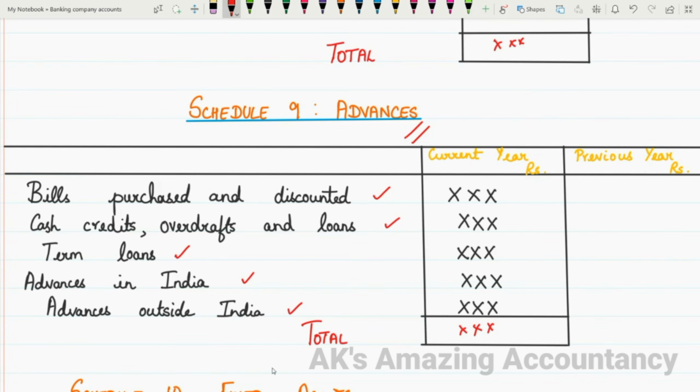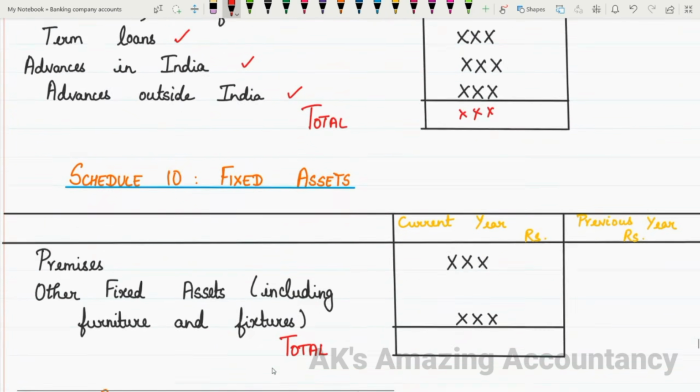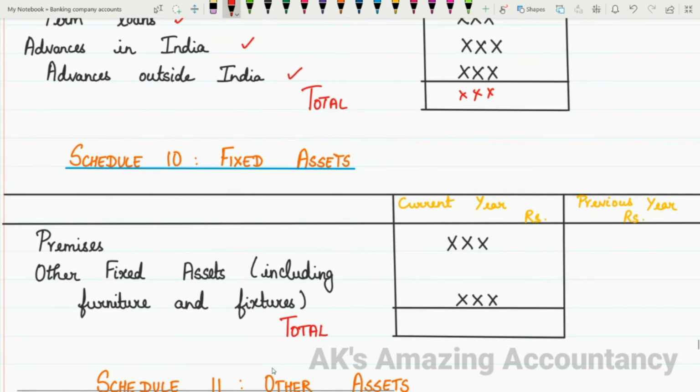Okay. Next, we have Schedule 10. Under Schedule 10, we'll be entering all the fixed assets. So Schedule 10 is for what? Schedule 10 is for fixed assets. So under Schedule 10, fixed assets, if you have any premises given in the problem, that will come.